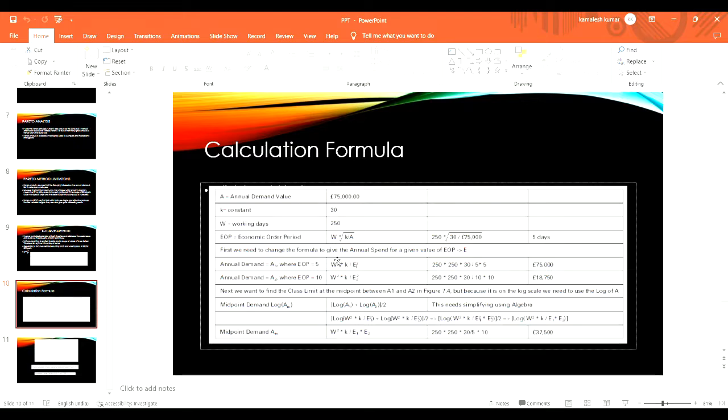I will show you in depth how we can do this by using an Excel sheet. It's nothing but formulas, so if you know how to use Excel well with formulas, it is very easy.